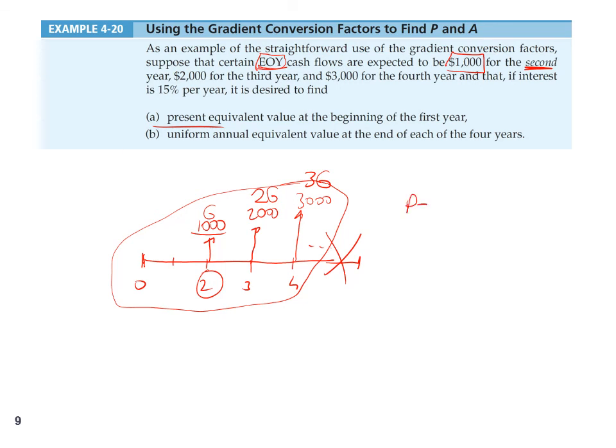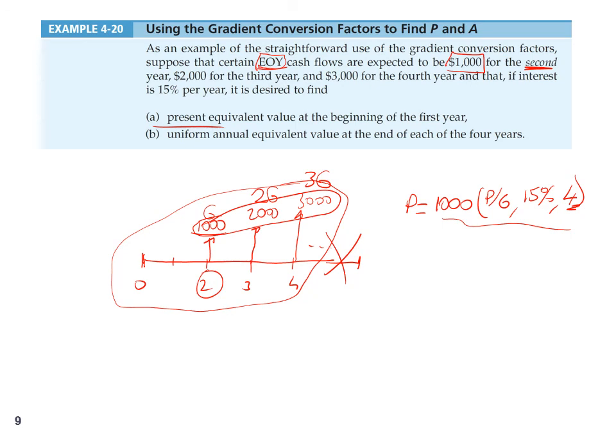Simply this present value will be equal to 1000 times P given G, 15%, and 4. And look, there are 3 payments, but this number here is not the number of payments. It is the number of periods in this case, and it is 4. So this way we can calculate the present value easily.